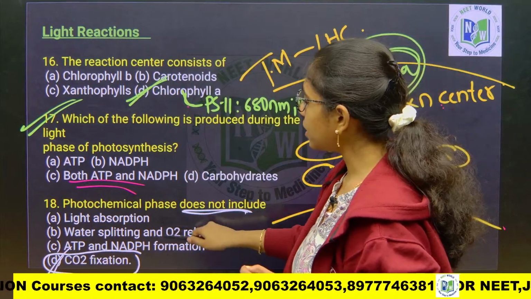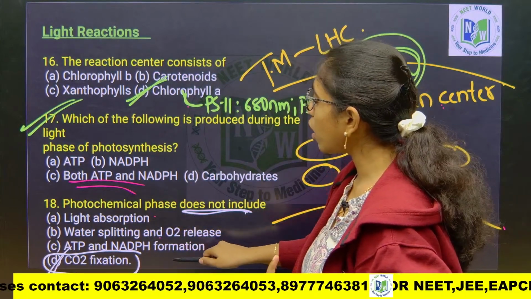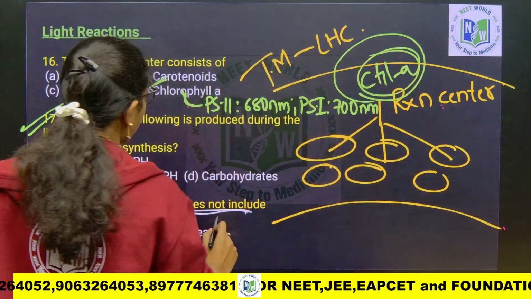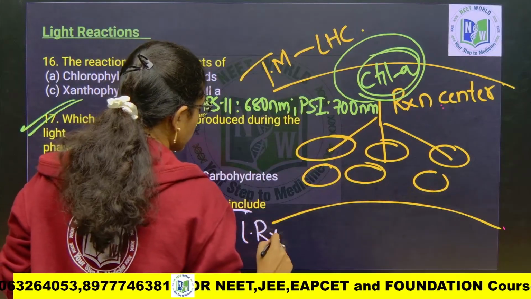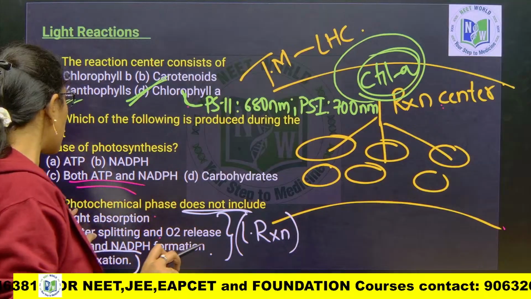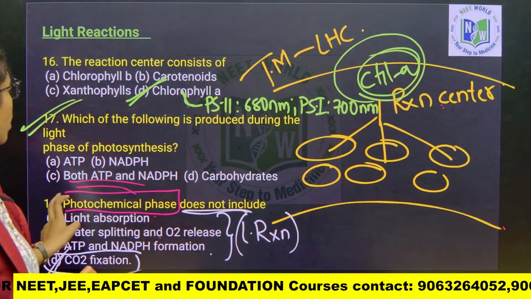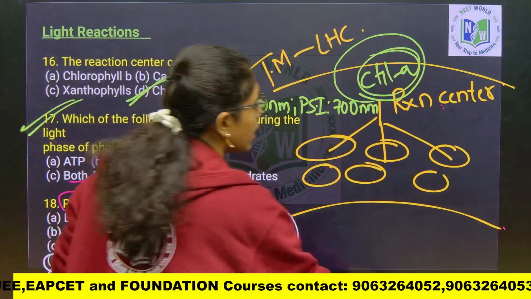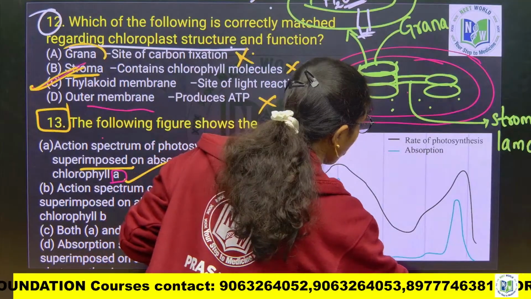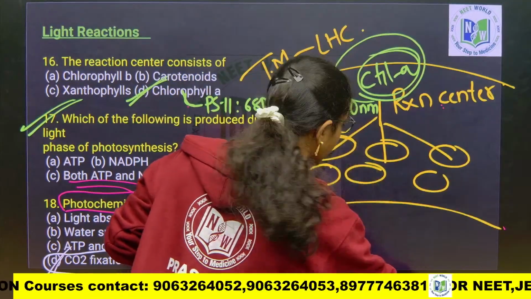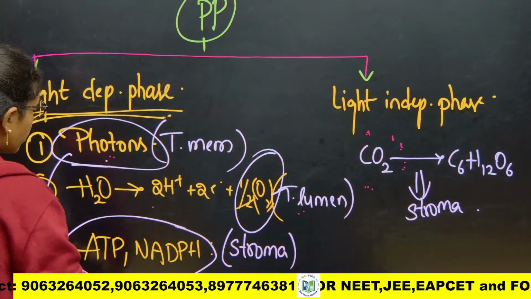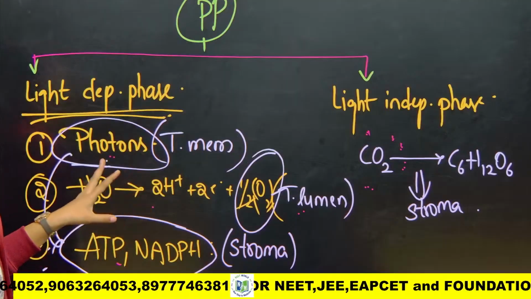Whereas light absorption, water splitting and oxygen release, and ATP and NADPH formation, these three are included under light reactions. This light dependent reaction is also called the photochemical phase, because here photons, the physical form of energy, are converted to the chemical form of energy, ATP and NADPH.